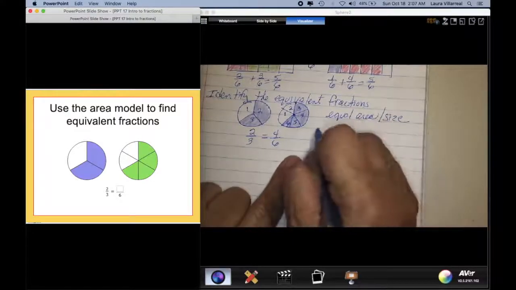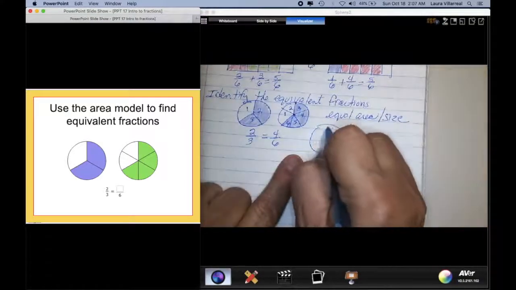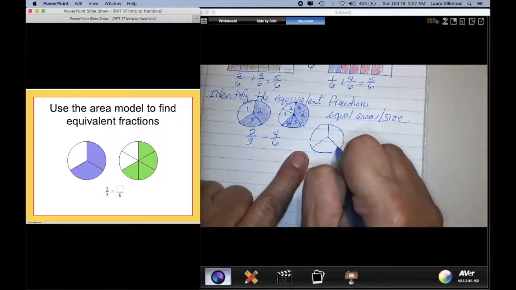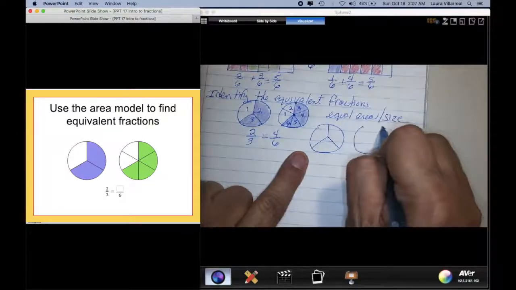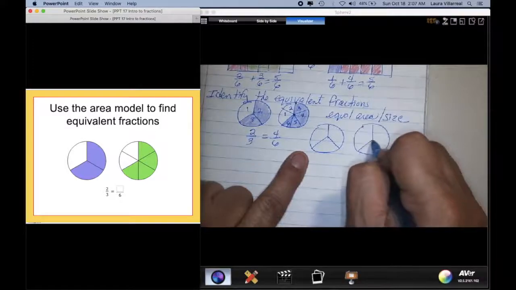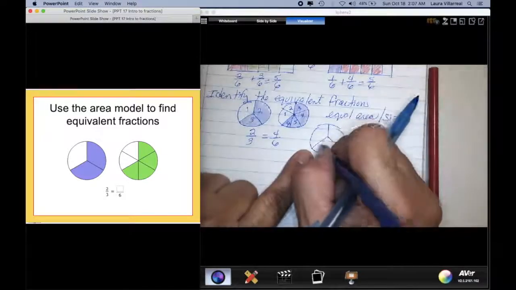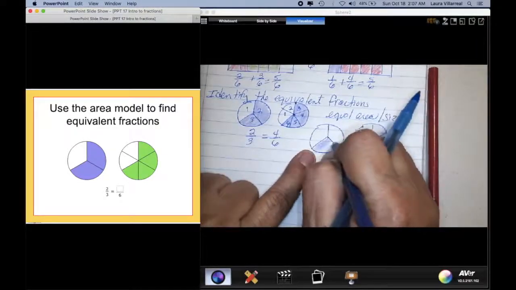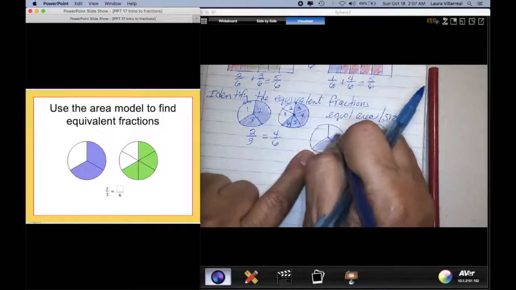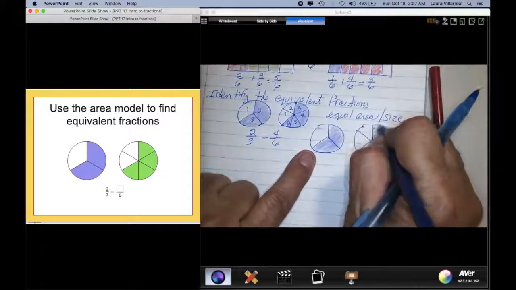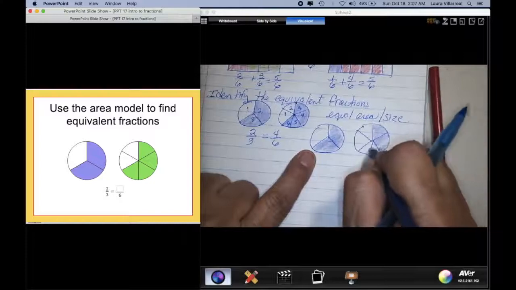Do you want to redo it? Yeah, let's draw it without the numbers. Shade them in. And then we'll number. How's that? So our numbers won't be off. Okay.